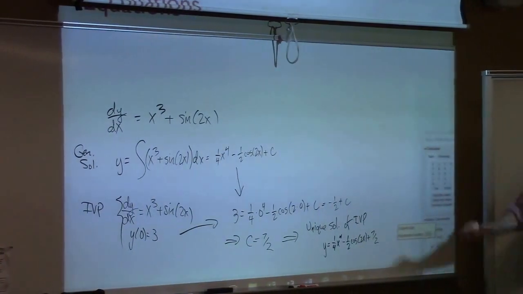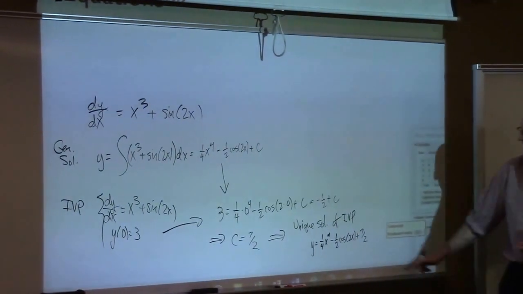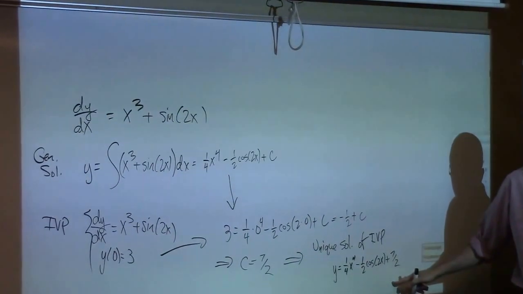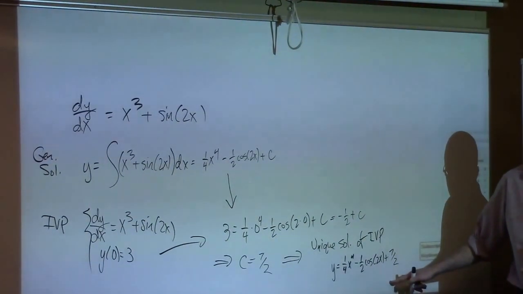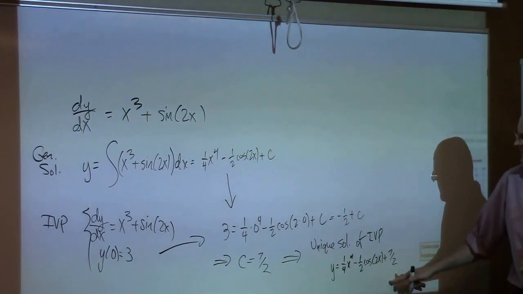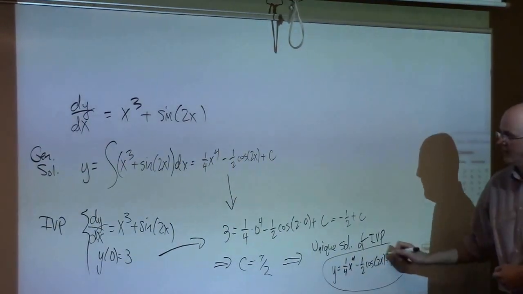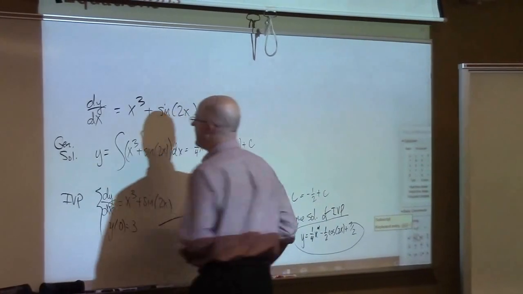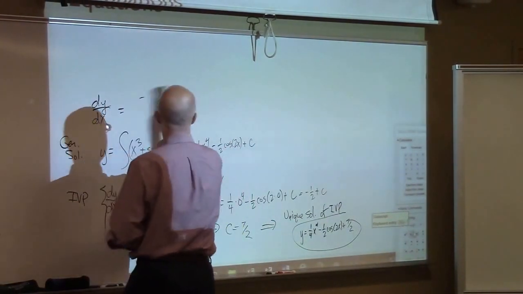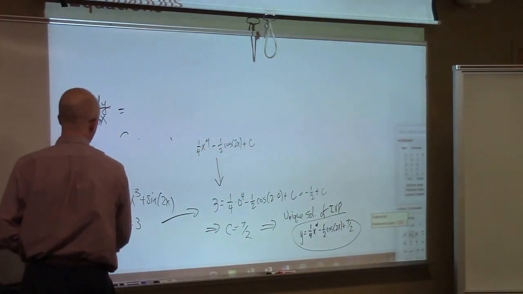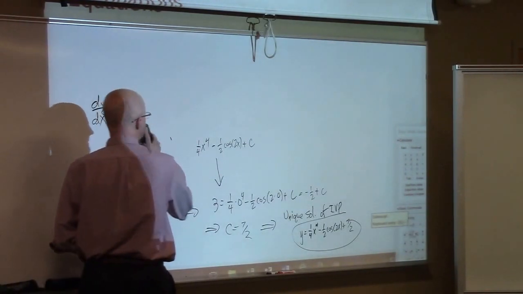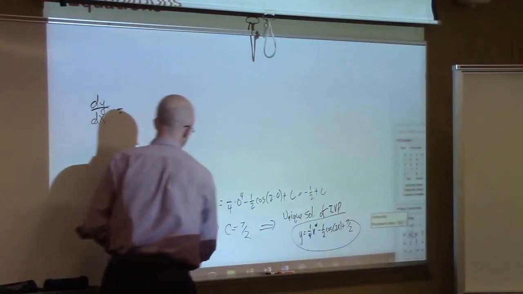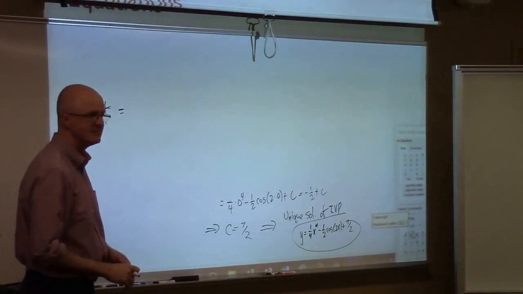With the initial condition, your initial value problem typically only has one answer. For most of the examples we consider, that will happen. This one function solves both of these things. Gets a little harder when the right-hand side of the differential equation involves y instead of x.